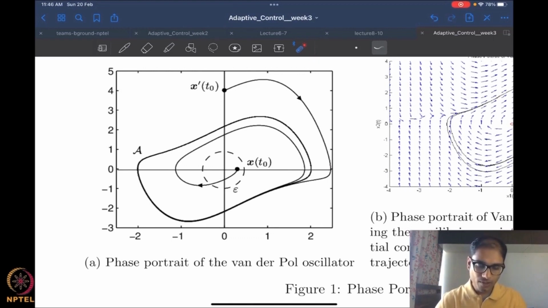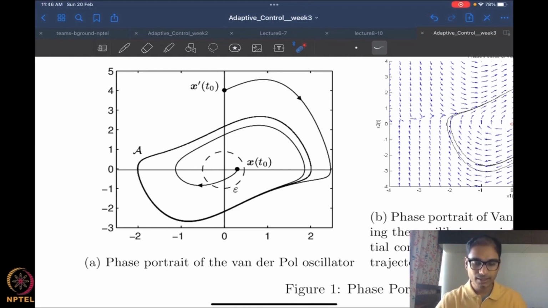Right. So for stability, we require that if the user gives me any epsilon, it can be anything, arbitrarily large, arbitrarily small, it doesn't matter. For every possible epsilon that the user gives me, I must be able to provide a delta such that initial conditions inside the delta ball will remain inside the epsilon ball.